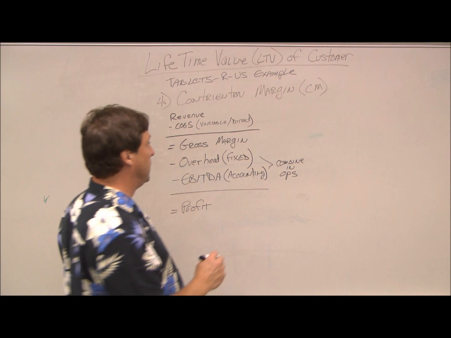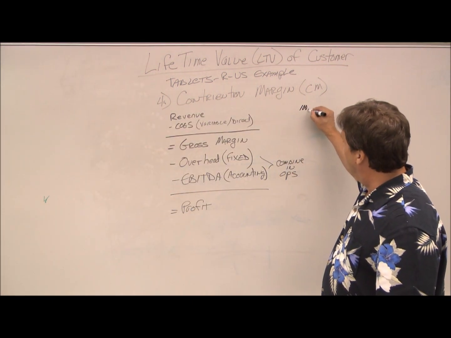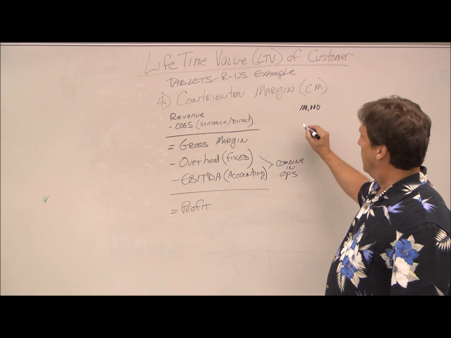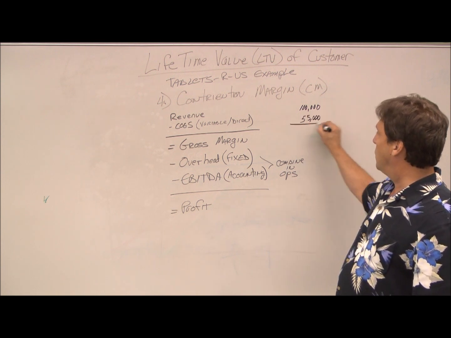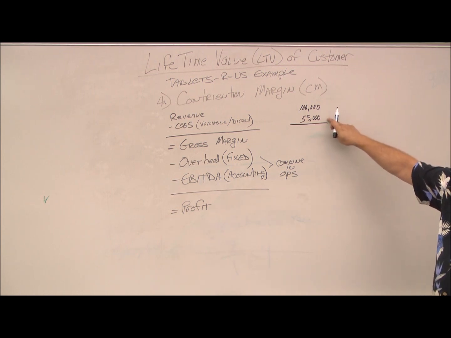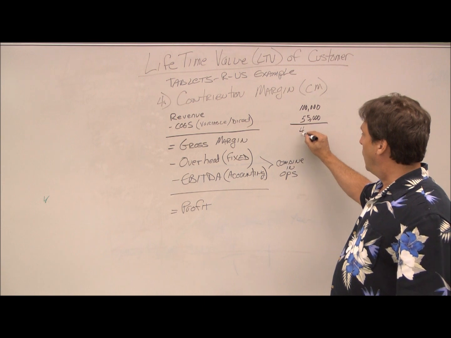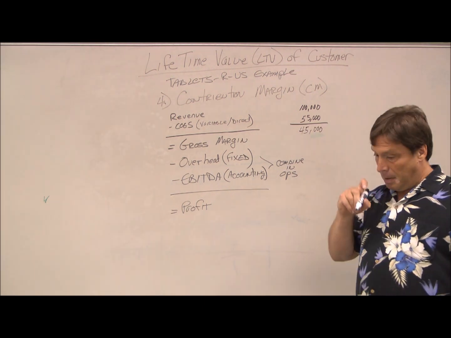Just to give you an example of what I mean, say we have revenues of $100,000. Our COGS, or what it takes us in direct labor and material to make that 100,000, is 55. So our gross margin is 45,000.